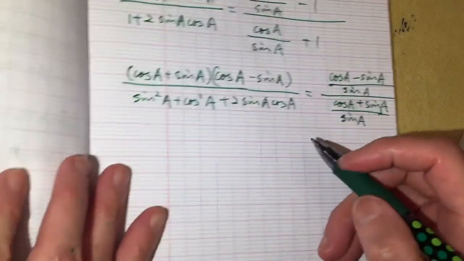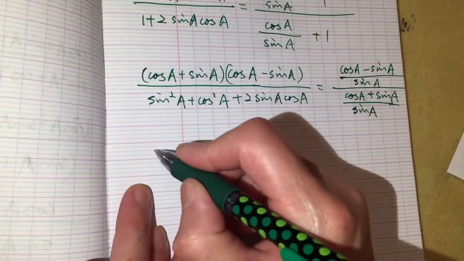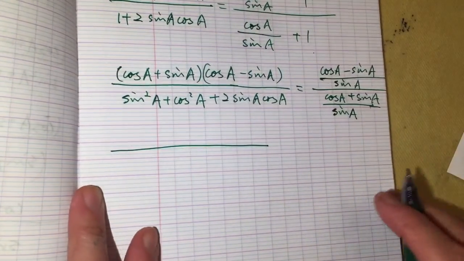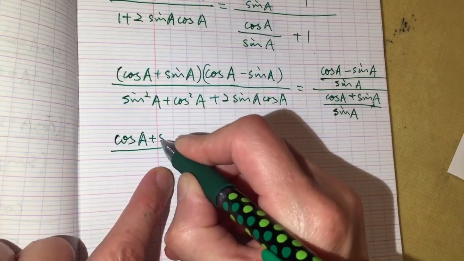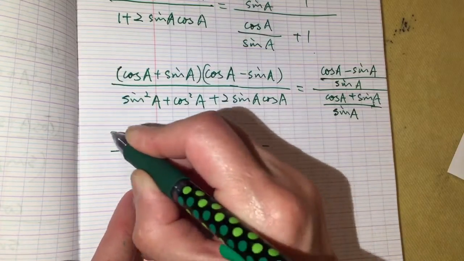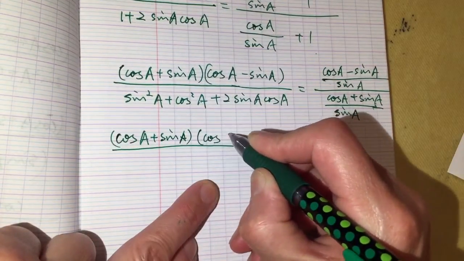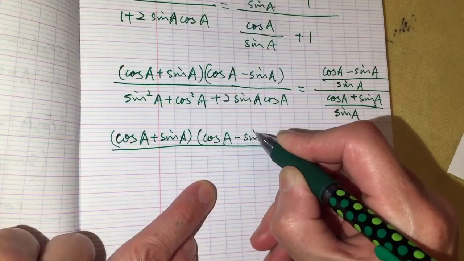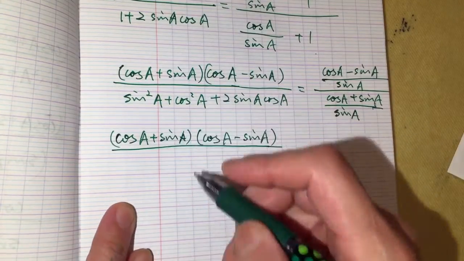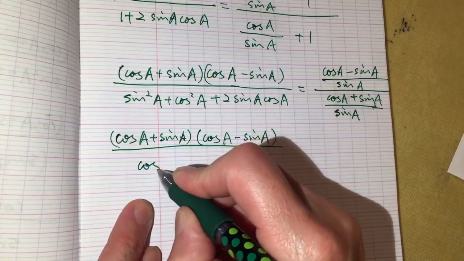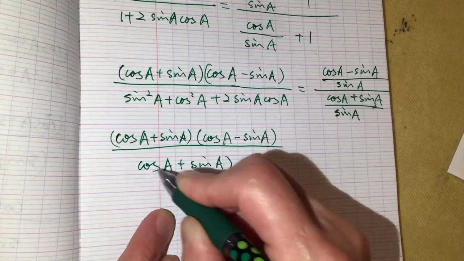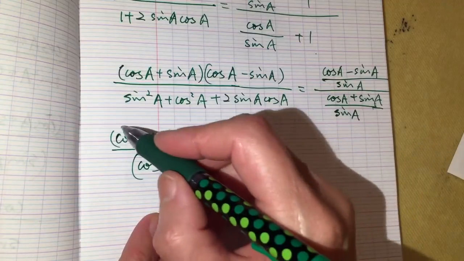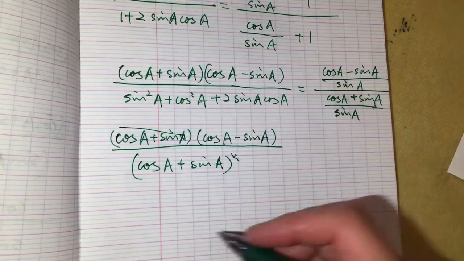We can cross cancel this. Anyway, take some time, we'll do it slowly. So cosine a plus sine a times cosine a minus sine a. And on the bottom is cosine a plus sine a square, right?